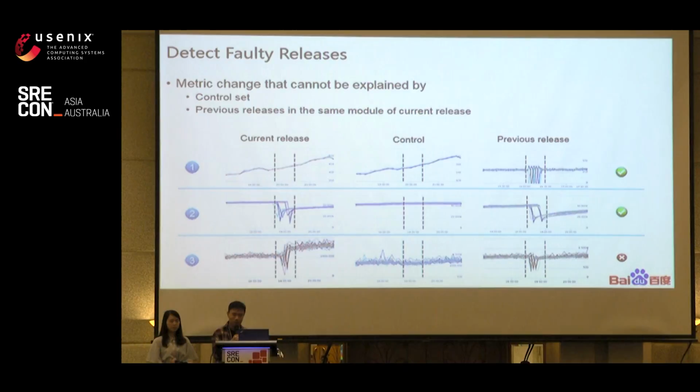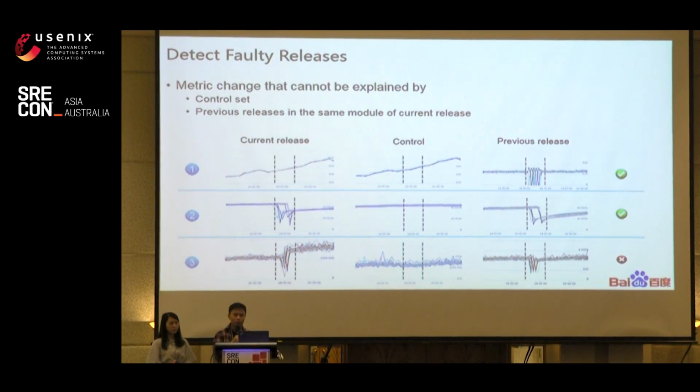But on the other hand, even if there is no sudden change in the system, this does not mean that the release is okay, because many releases will happen at specific times. For example, we know that in the morning, the user requests coming in, and the metric usually just goes up. And in the evening, the user requests just drop, so many metrics also drop.